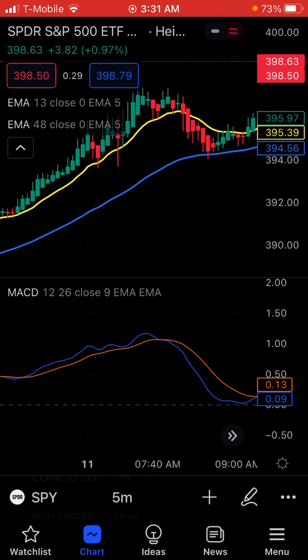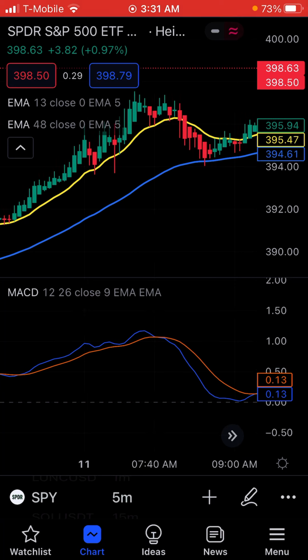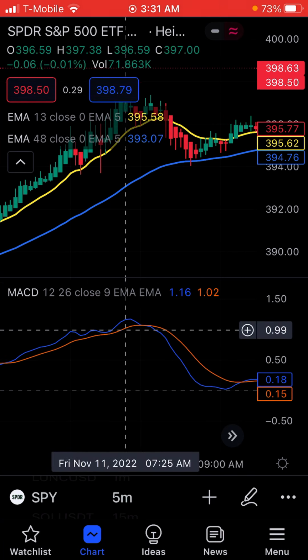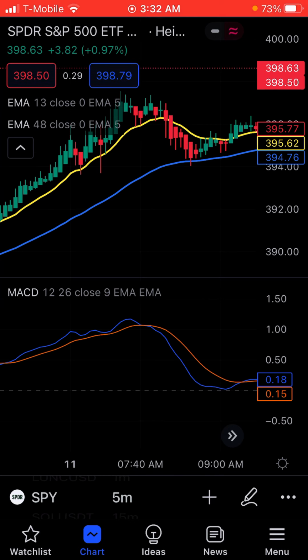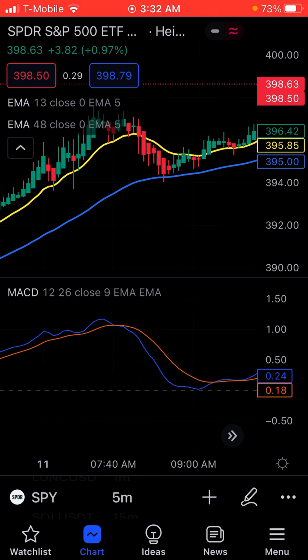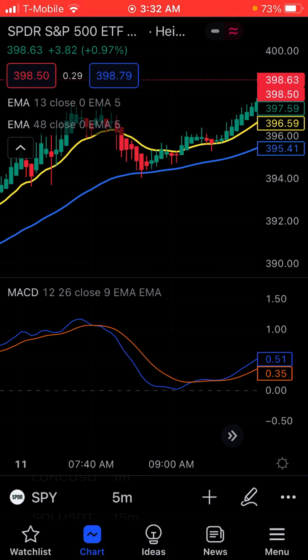But you need to look for two different things. The first thing is the MACD has got to signal that it has already crossed, and it has to cross on the 1348 as well. If it hasn't crossed on the 1348, but it has crossed on the MACD, it could be a fake out, like it was yesterday for me.